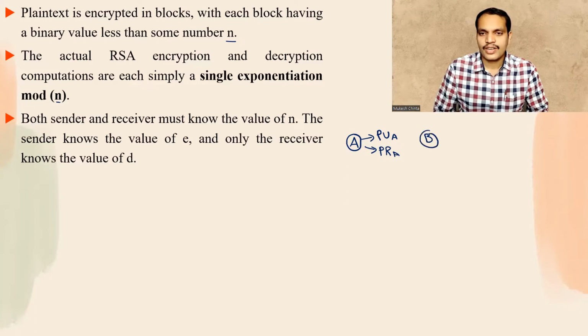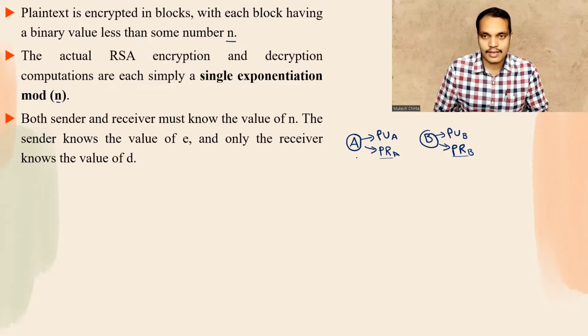Similarly, if there is another user B, he will have a public key denoted by PUB and a private key denoted by PRB. Both users share their public keys and keep their private keys secure. They never share the private keys at all. Only the public keys of the users are known.